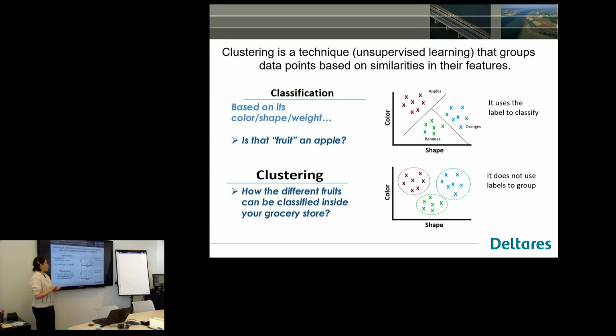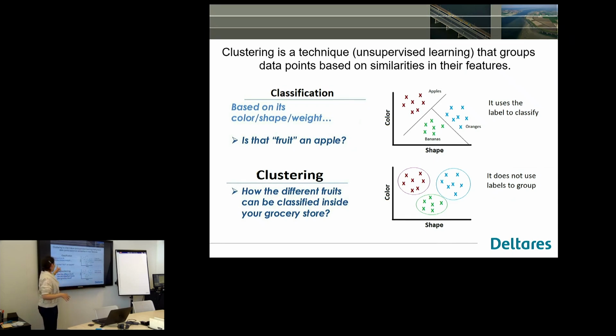So let's assume that you have a store of fruits, that you are selling fruits, and you want to predict, from the size and the color and even the texture or the smell, whether a fruit is an apple or an orange or a banana.